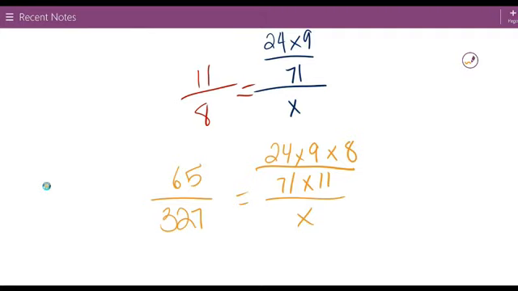Okay, again, working with our means and extremes. So this 327 is going to come up here. 65 is going to end up down there.